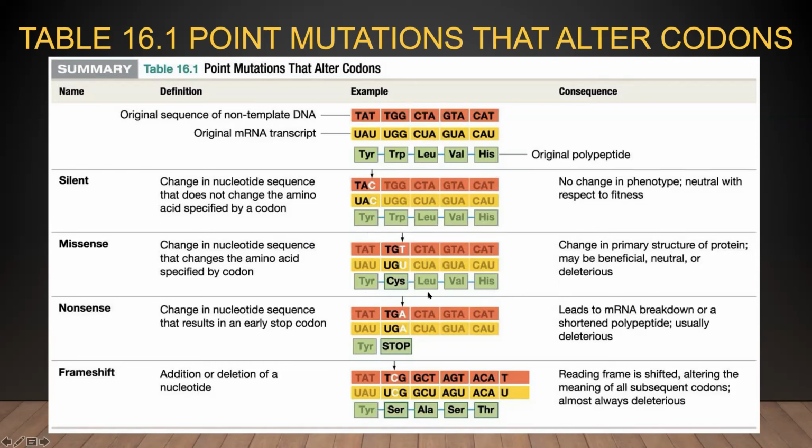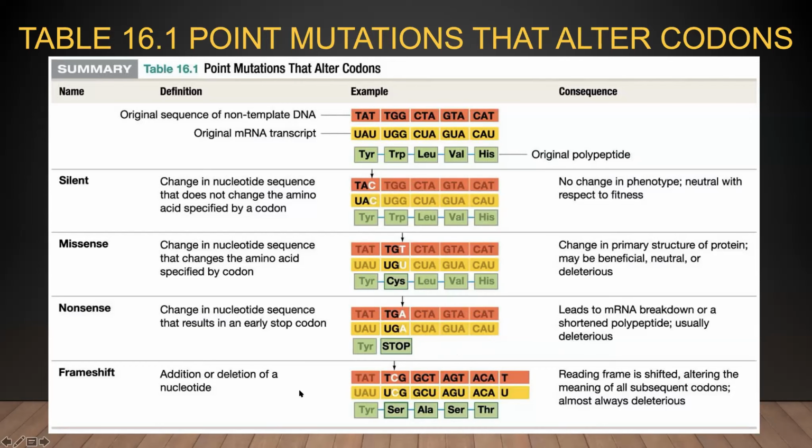So this may be beneficial to the organism. It might do nothing, or it could still be pretty bad, right? So it could cause that cell not to survive. A nonsense mutation is the one that inserts that premature stop codon, and this is usually, like I said, pretty bad. So it will oftentimes cause life to not function depending on what the role of that protein was, or cause some kind of genetic disease in that individual.